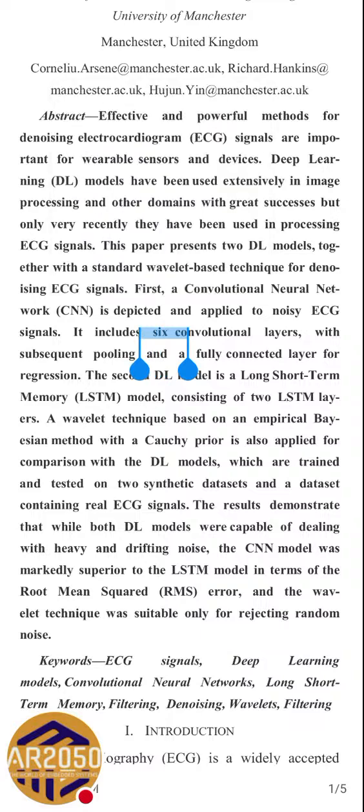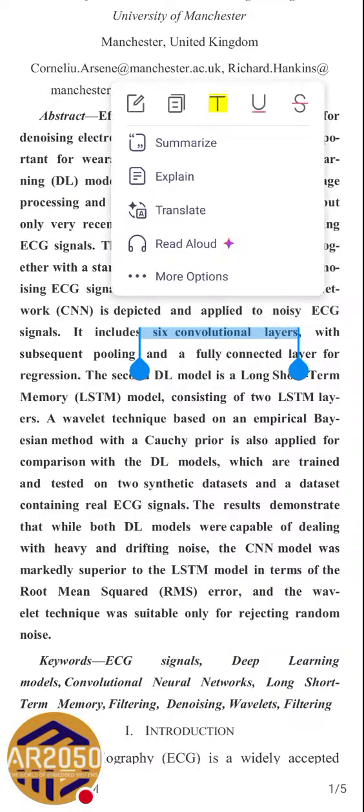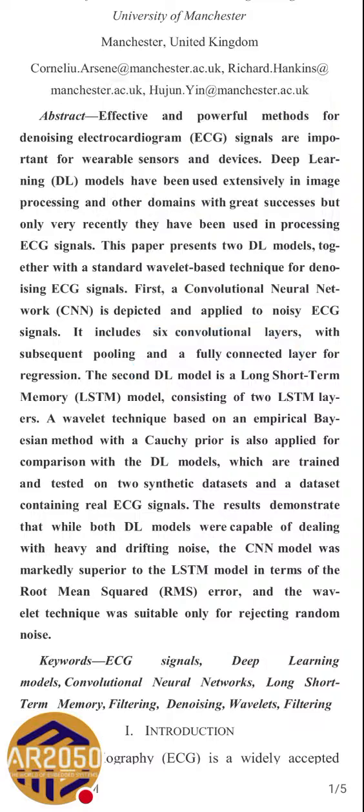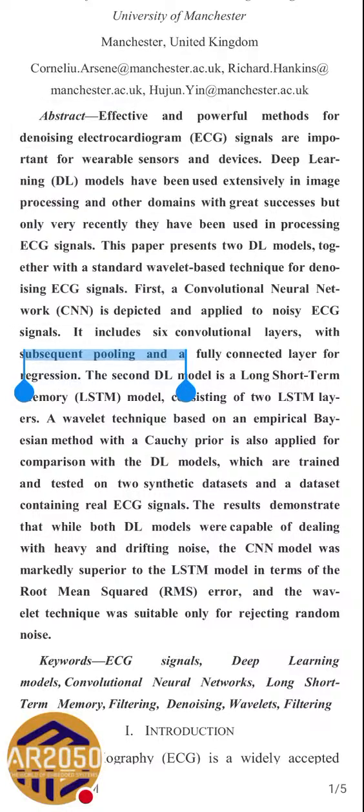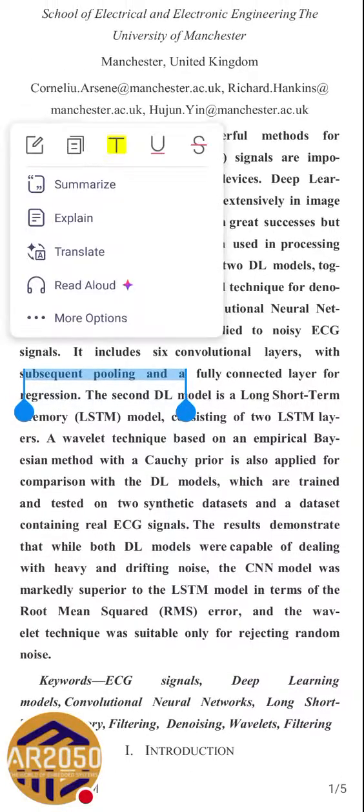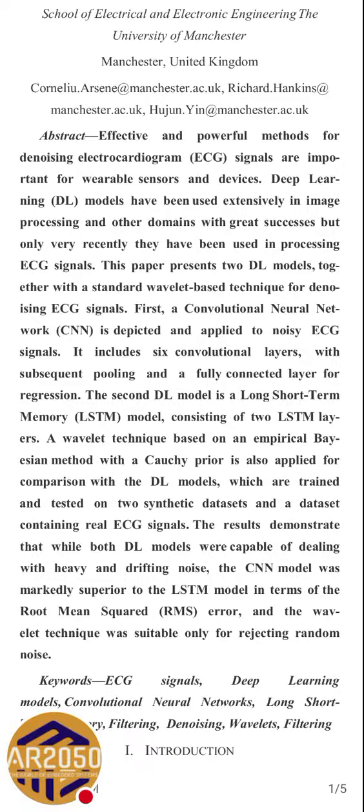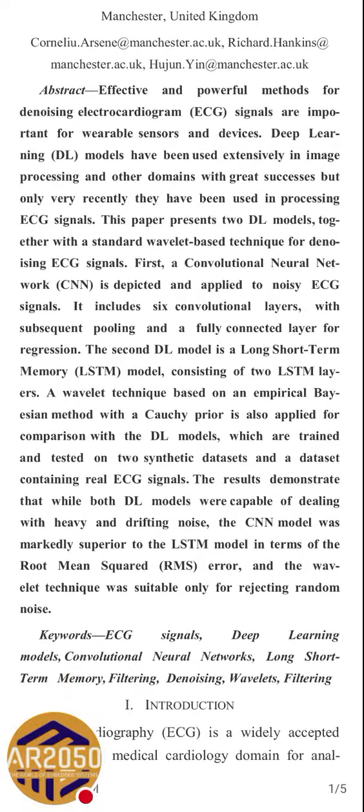So they made the CNN with six convolution layers for ECG denoising, with subsequent pooling and a fully connected layer for regression. Most of the time, the fully connected layer is for regression.